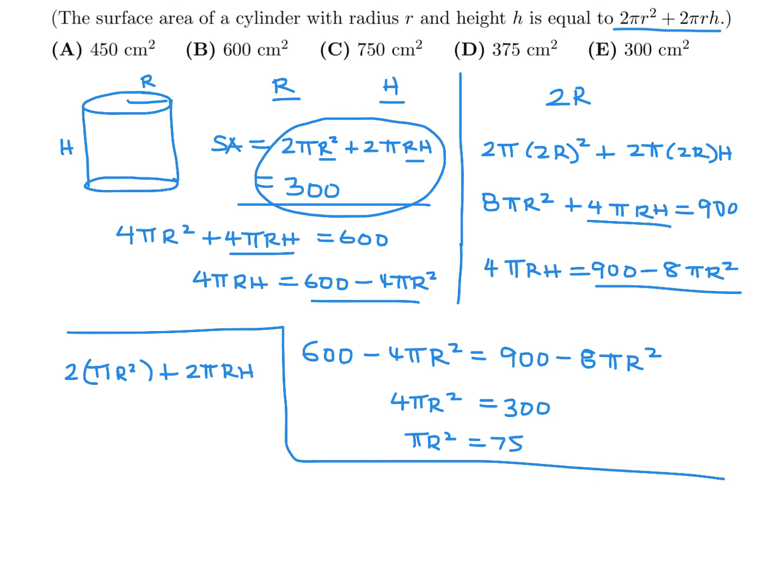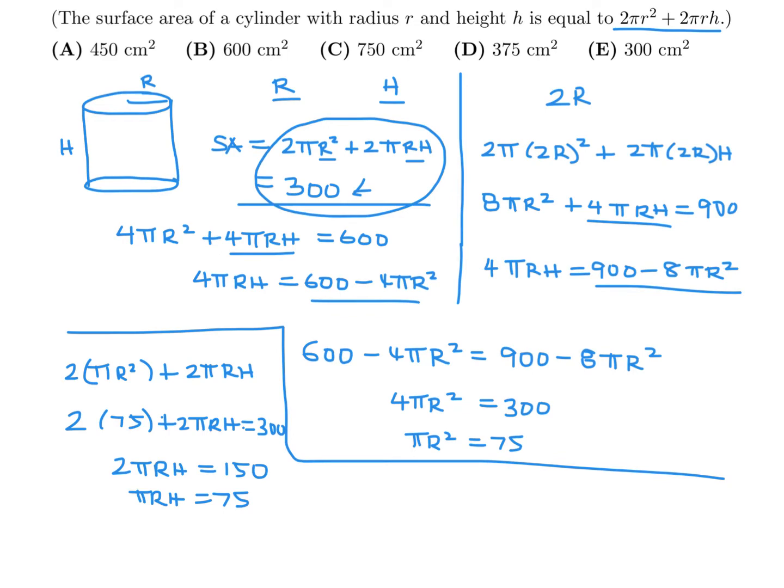Yeah, I think that should be fine, hopefully. Okay, so 2 pi r squared, well, pi r squared is 75. And then we got this 2 pi r h. And remember, this whole thing was equal to 300, right? So let's use that fact. So that means 2 pi r h would be 300 minus 150, which is 150. So pi r h is 75.